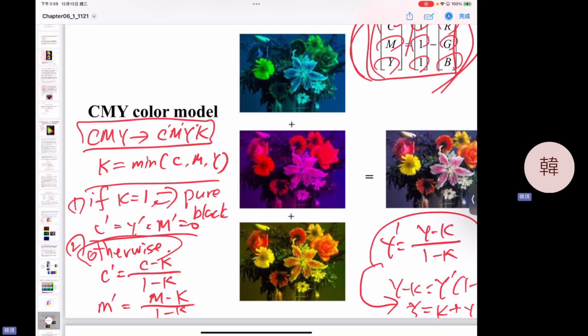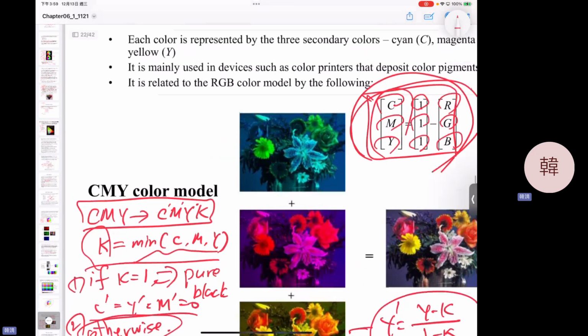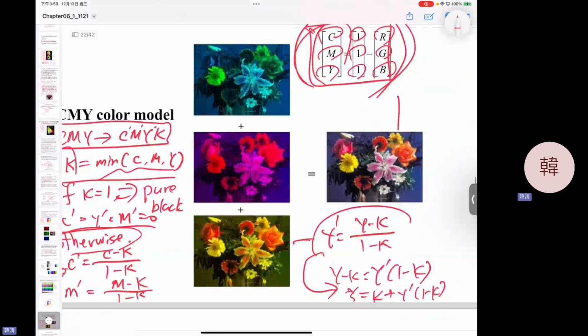If it is not, we pick the smallest of CMY as K, represent the K component, and then calculate the other three components with this approach. For example, for this flower, the CMYK components come from RGB. It's easy: 1 minus R is C, 1 minus G is M, 1 minus B is Y.